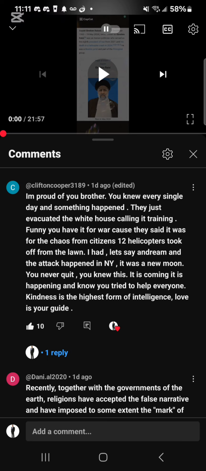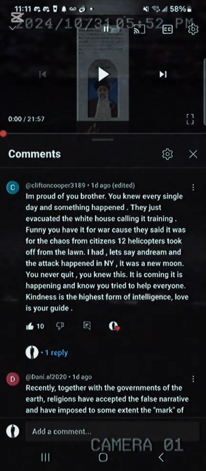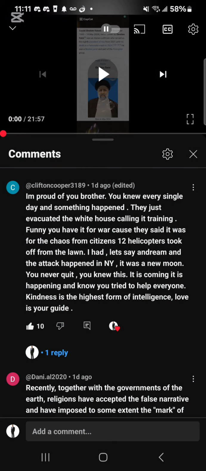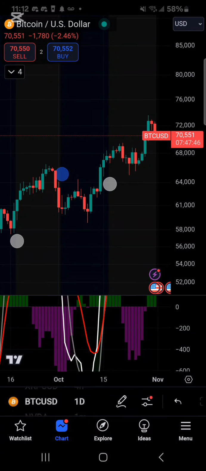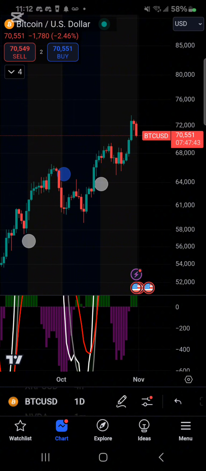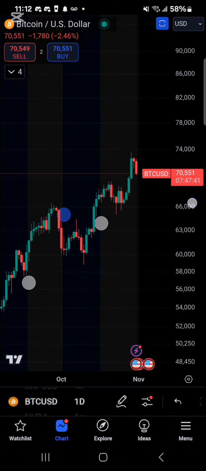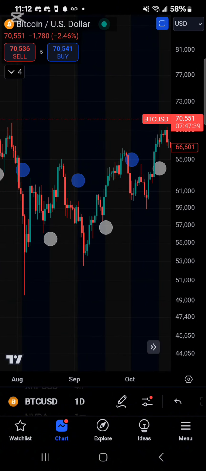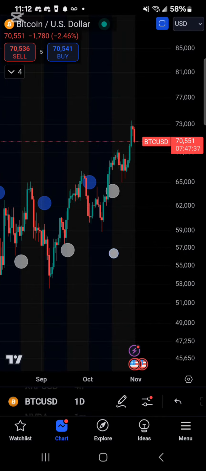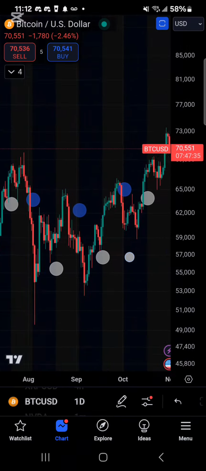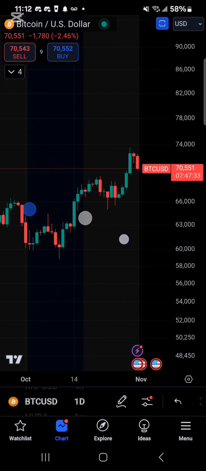Let's read this quick comment by Clifton. Appreciate the nice words. But he says that, let's say he had a dream, attack happened in New York, it was a new moon. Okay, check this out. I showed this in another video, but I totally forgot about this. Guys, somebody way smarter than I created an indicator on these stock charts with the moon phase. Why? Because look at Scamcoin. It goes up on the full moon.